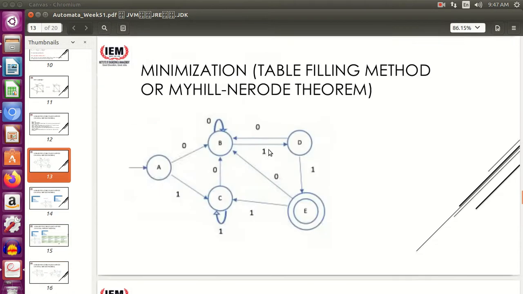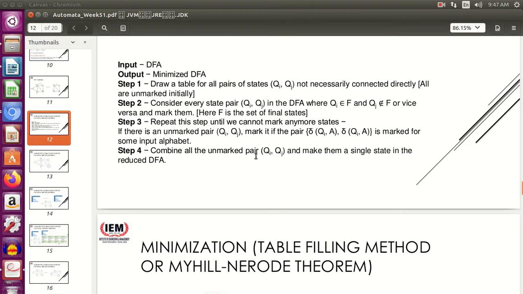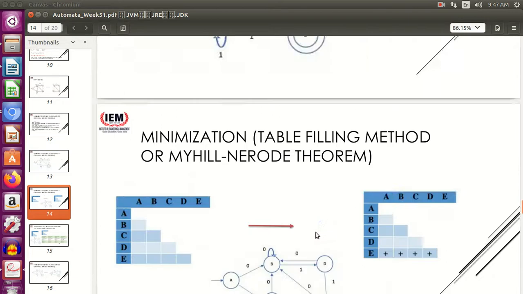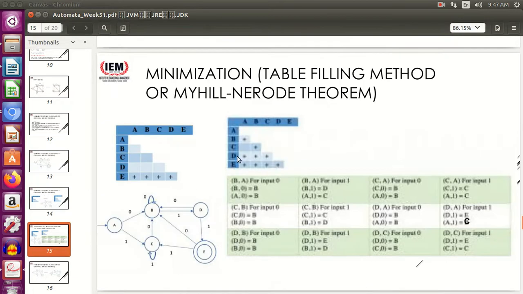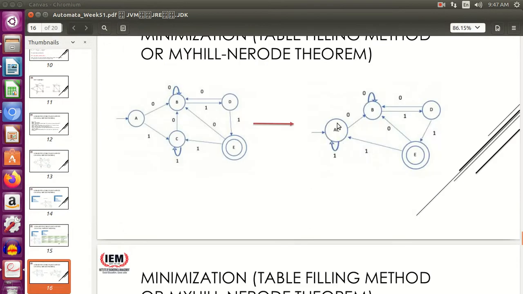If you follow the last step, combine all the unmarked pairs and make them a single state in the reduced DFA. So here my unmarked pair is AC, and I have combined it as a single state, and all the other states are remaining as they are, that is B is here, D is here, E is here, right?